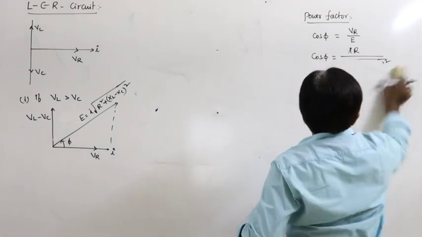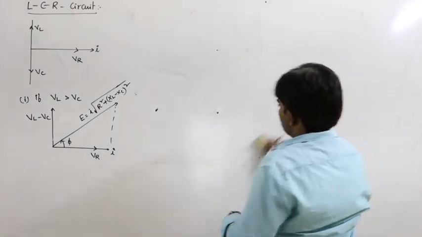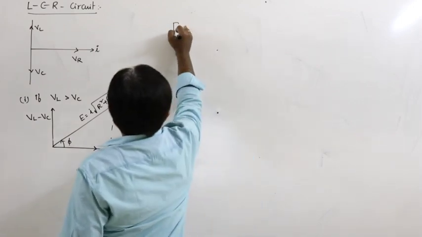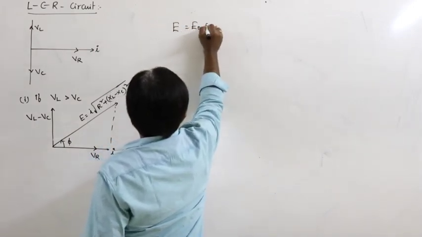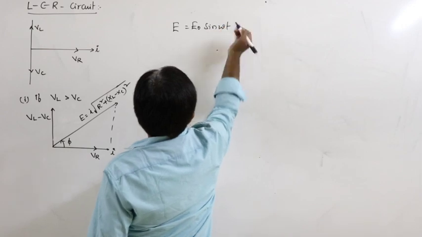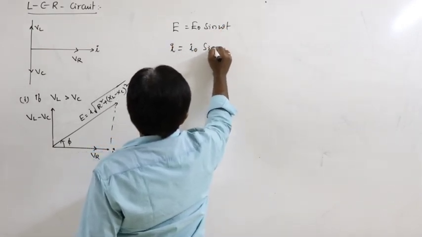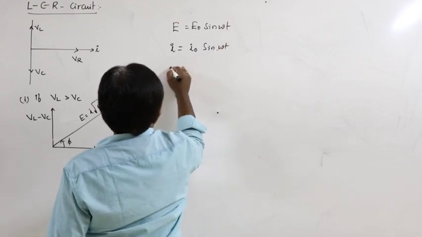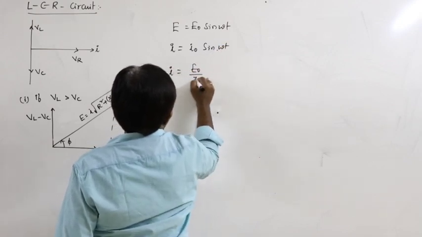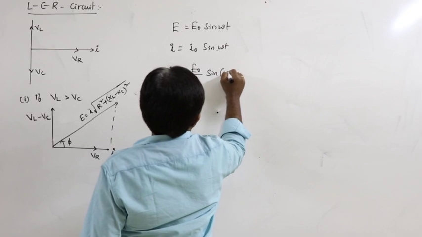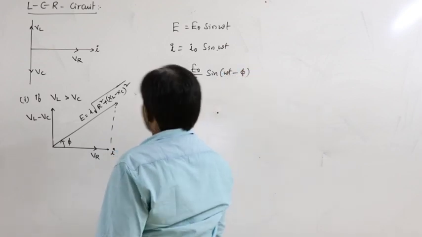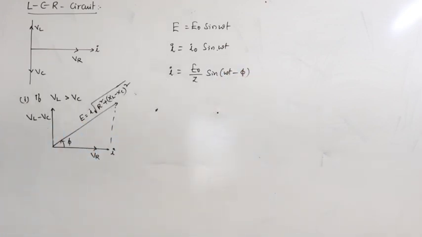What we are writing: E is equal to E naught sin omega t, but I is equal to E naught by Z sin of omega t minus phi. Why is it minus phi?